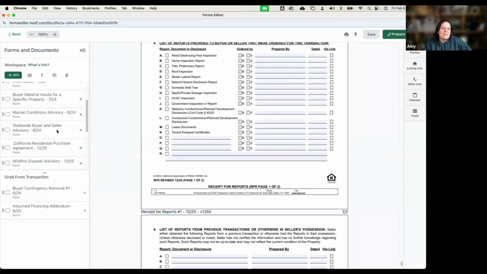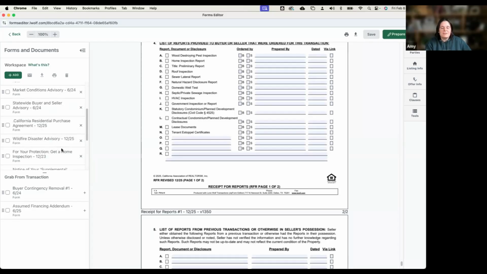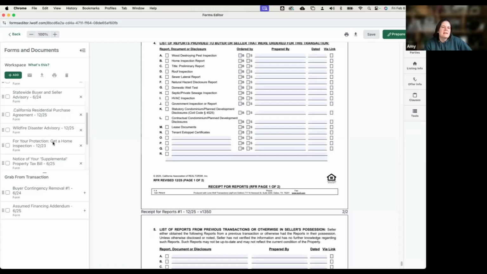And I may go ahead and turn over at that same time, we'll probably talk about during our buyer consultation, the different types of investigations and inspections that can be done. So I might do the 4-year protection, get a home inspection at that same time, or I might do it at time of offer. Same thing at time of offer is our wildfire disaster advisory.